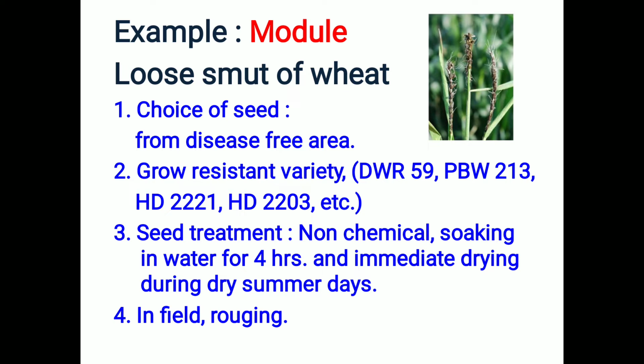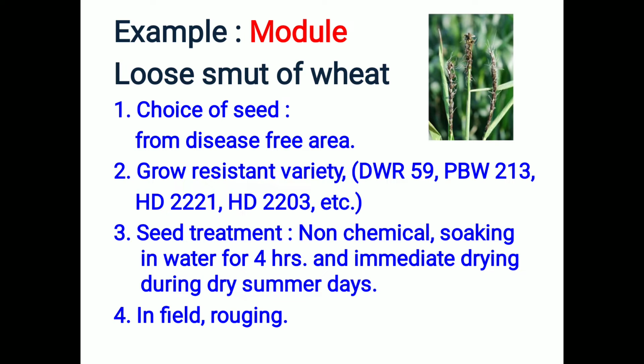In that strategy, the first is choice of seeds, that is selection of the seed which is free from the disease. Second, we grow the resistant variety; depending on the resistance ability of that crop, we decide the variety. Next one, seed treatment: depending on seeds, a suitable chemical we have to use for the seed treatment.